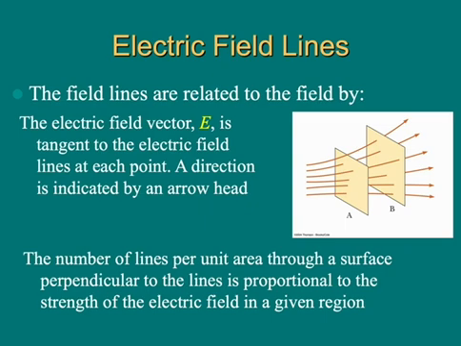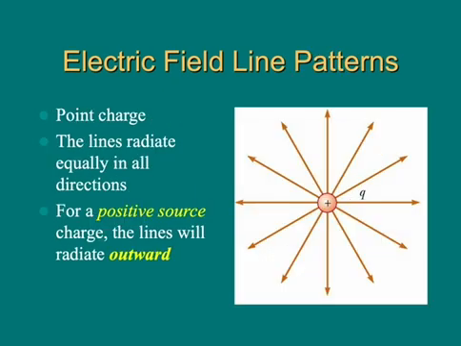In this example, area A and area B have the same number of electric field lines, which means the density of electric field lines at area A is larger than at area B, which also means the electric field is stronger on surface A compared to surface B.